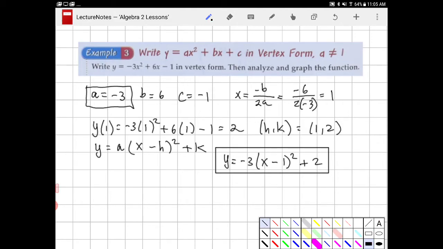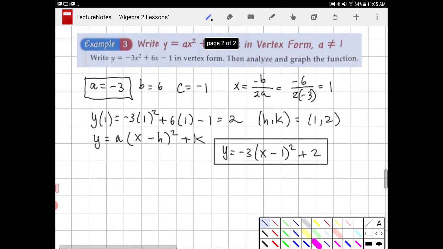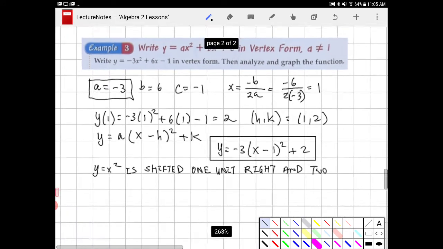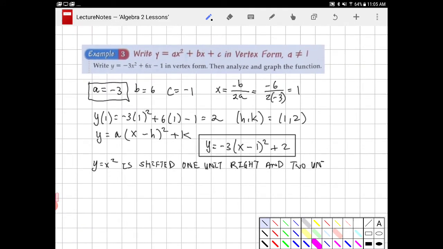So the analysis is this. The graph of y equals x squared is shifted 1 unit to the right and 2 units up.